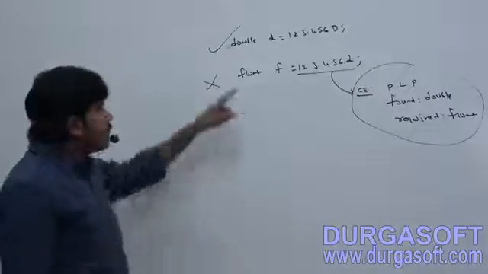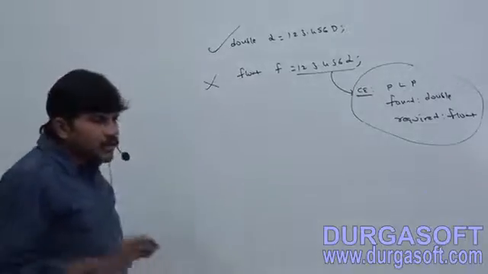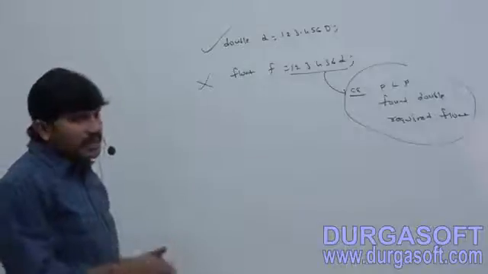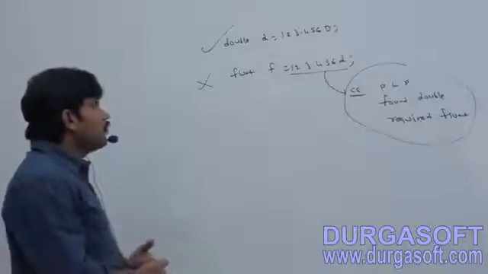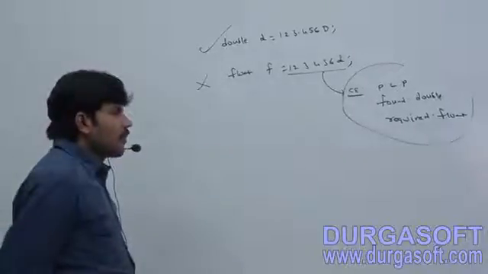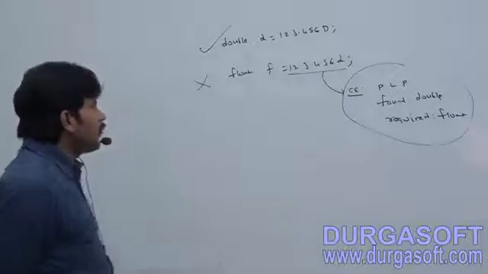Okay, now take this example. Double d is equal to 123.456D.